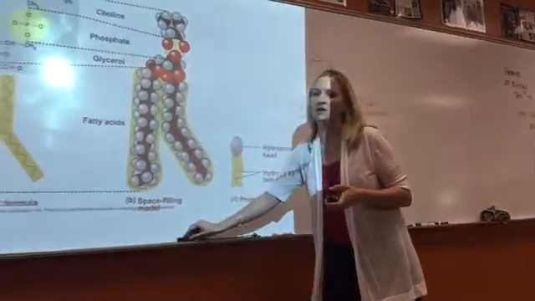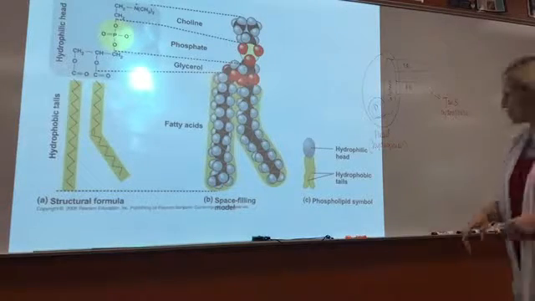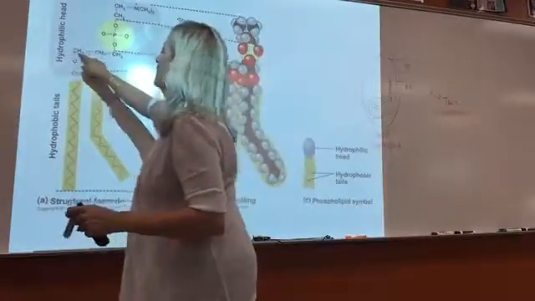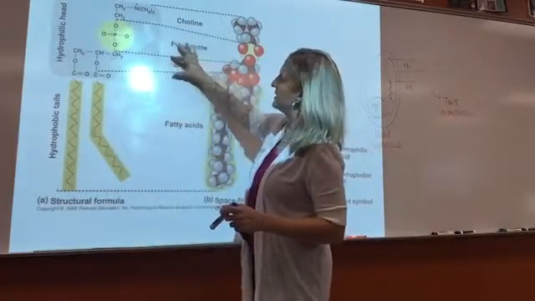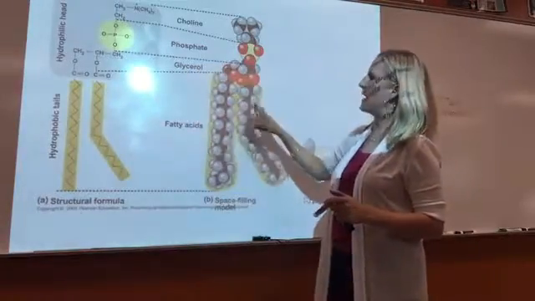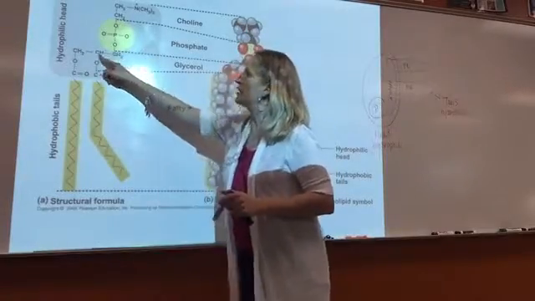So this picture here shows you a little bit more in depth, instead of my generic little picture here. Here's the glycerol molecule. They're showing you on each one of these models the actual atoms. So here's your 3-carbon compound with the oxygen.